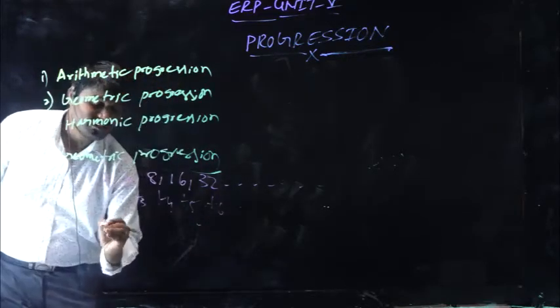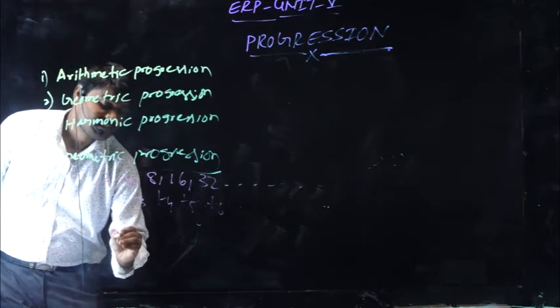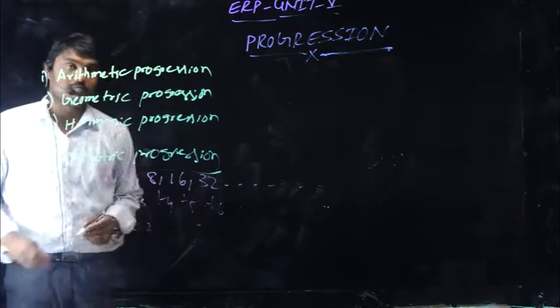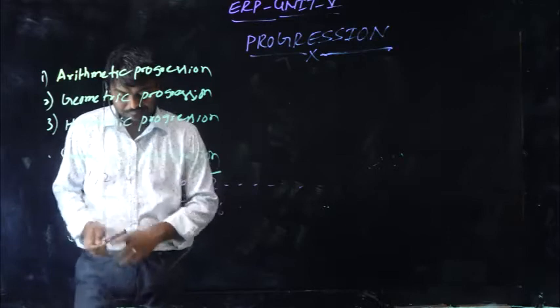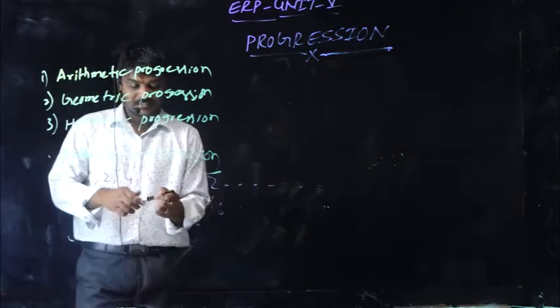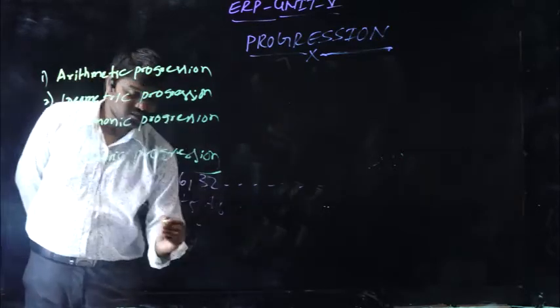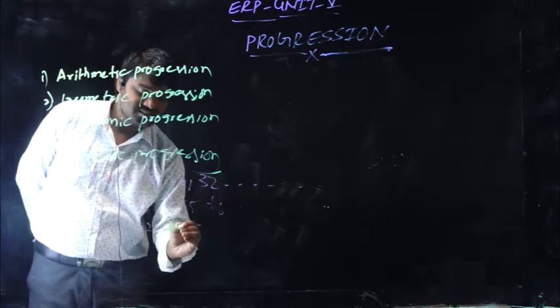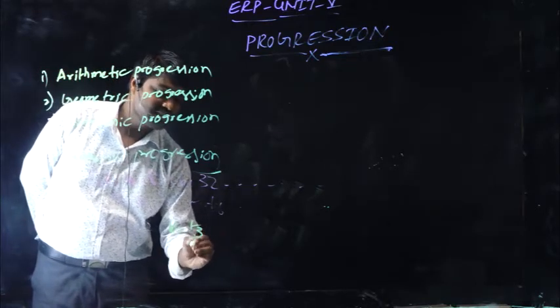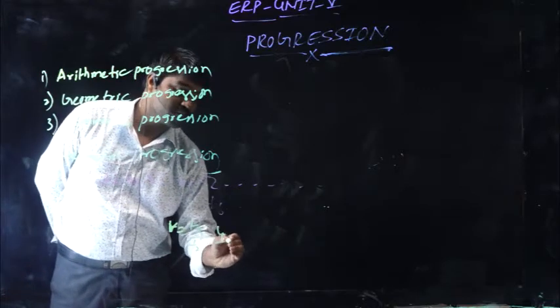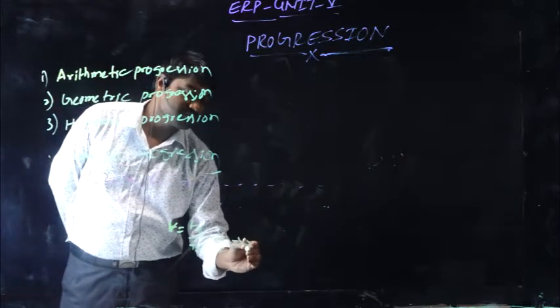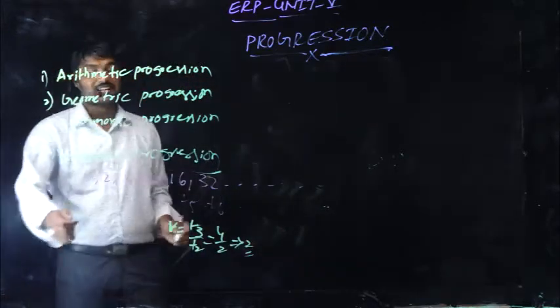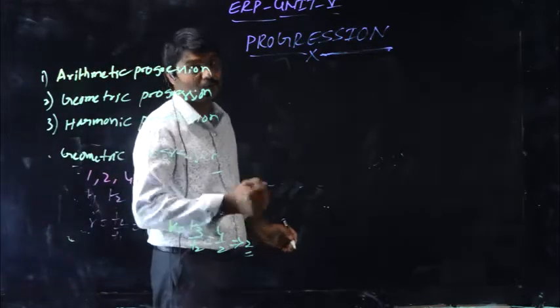The ratio T2 by T1 equals 2. Then next, T3 by T2, that is 4 by 2, equals 2. That means this is the geometric progression.